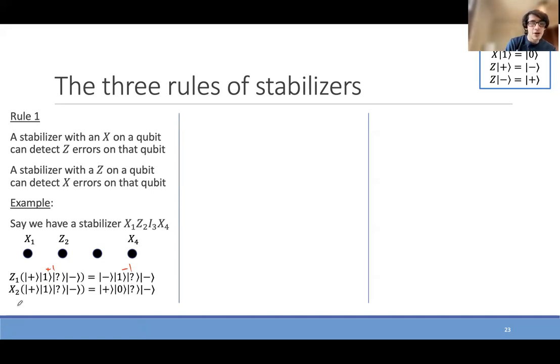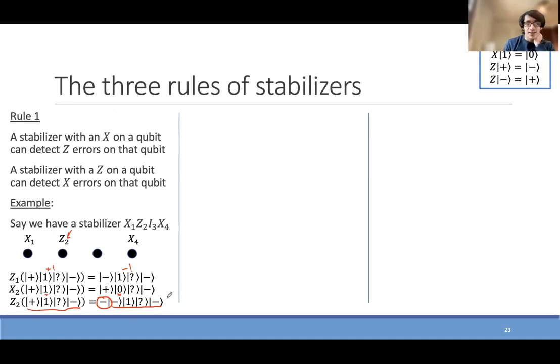Similarly, an X2 error would send this 1 to 0, which would also send a +1 to a -1, and we can detect that. On the other hand, a Z2 error, so a Z error on this qubit, sends this state to the same state, but with a minus sign in front of it, which has the same value of X1, Z2, X4.